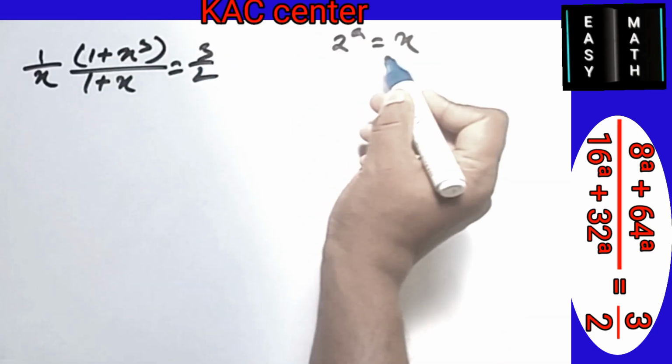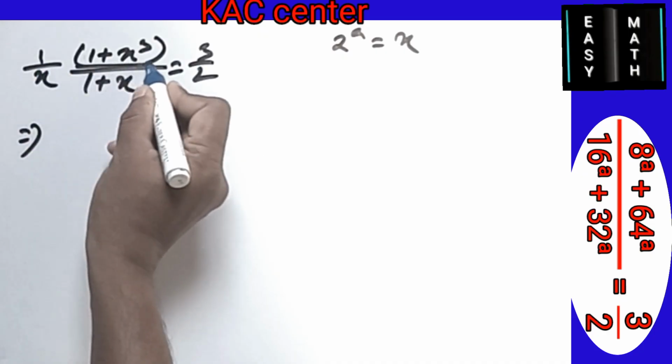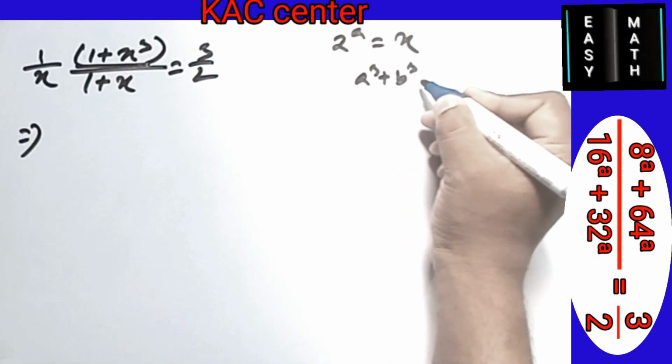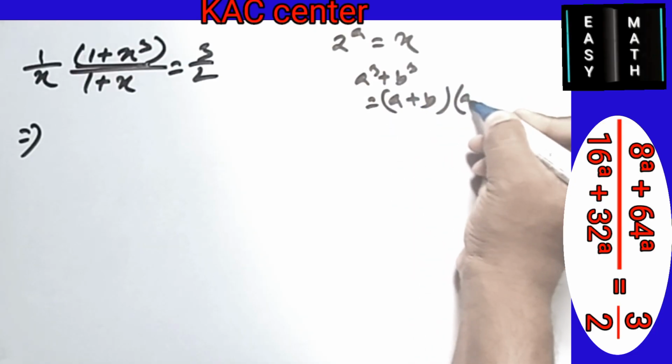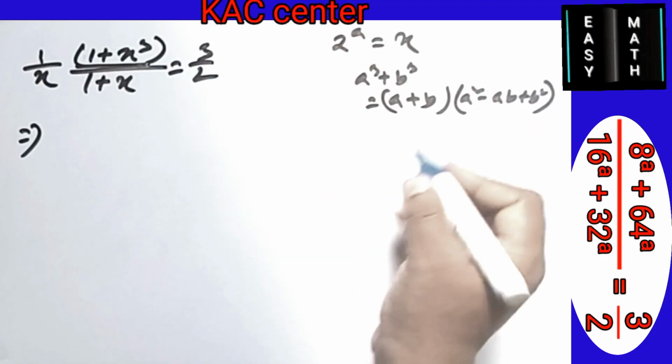And now this is the a cube plus b cube formula: a plus b times a square minus ab plus b square.